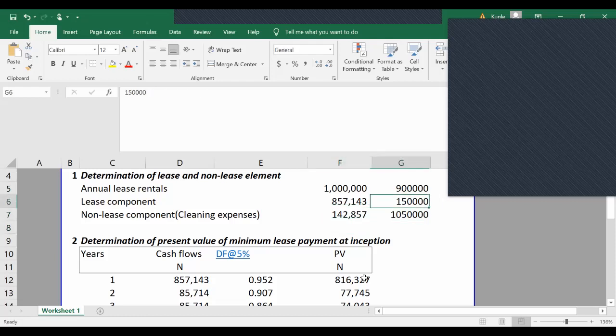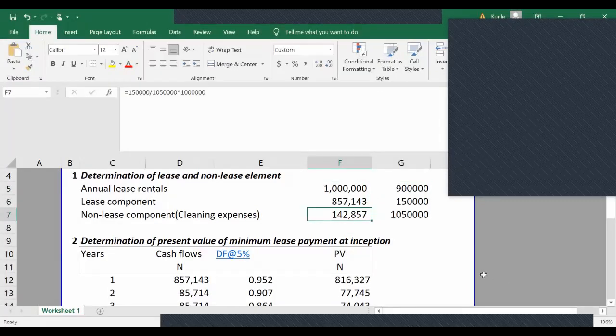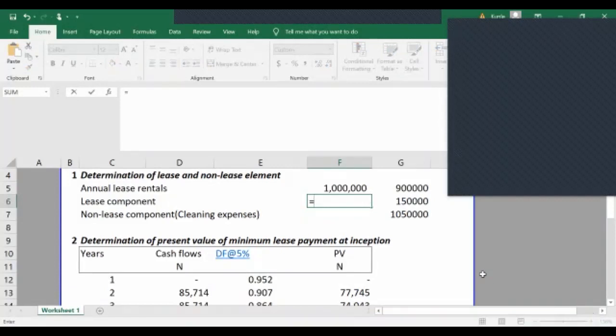So we now use this as a basis for rating this 1 million naira into lease component and the non-lease component. Are we together? So how do we do that? Let's do it again for the benefit of those who do not understand. We have similar lease component is 900,000 divided by the total of the similar lease arrangements, 1,050,000.